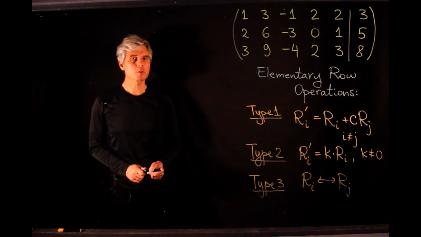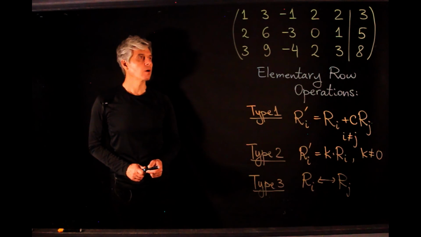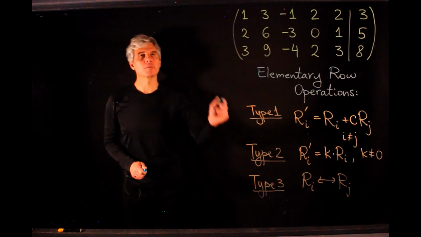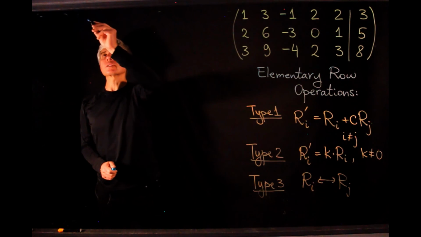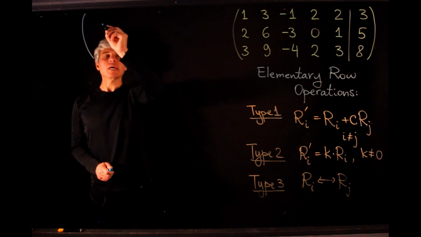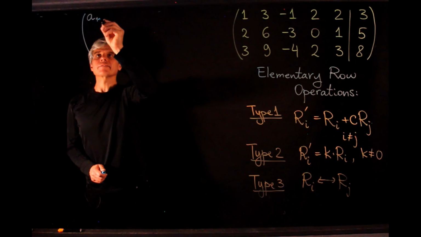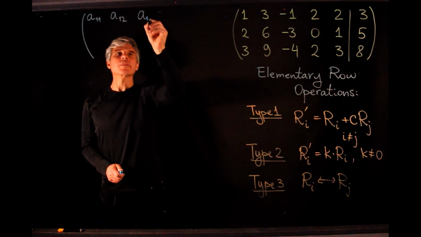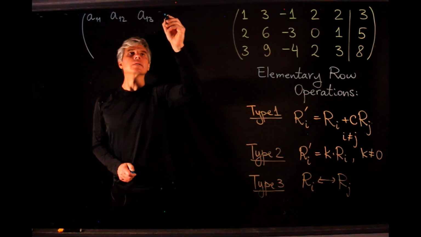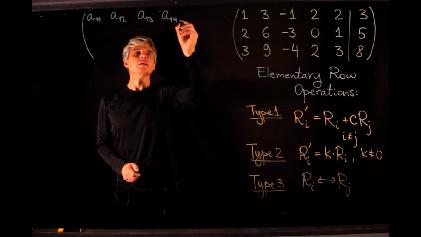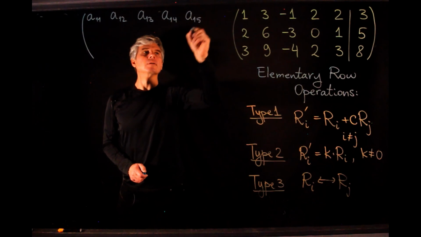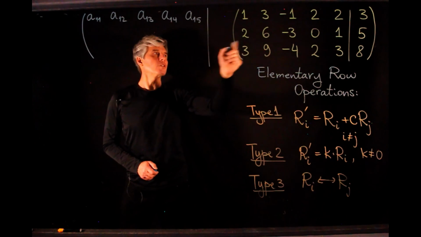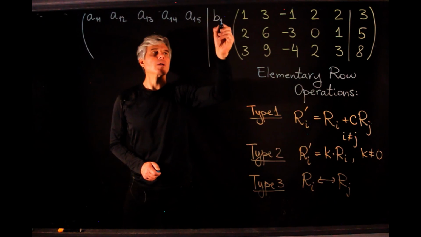Let us introduce indexation of entries in a matrix. So for this matrix, we will denote the entries in the following way. So we'll have A11, A12, A13, A14, A15, and the coefficient in the right-hand side we'll call B1.